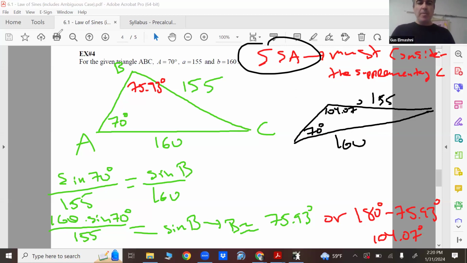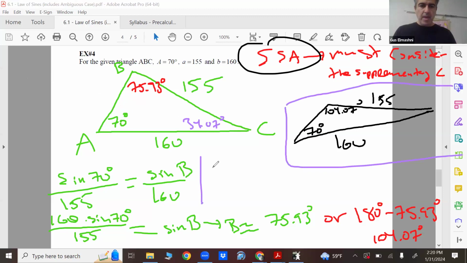So what I'm going to do is finish off the green triangle, then we'll do the black triangle. I know it's kind of a pain, but we just got to do it. For the green triangle, you have 145.93 and 34.07 degrees. And now I give you the law of sines one more time. Sine of 34.07 over little c equals sine of 70 over 155.